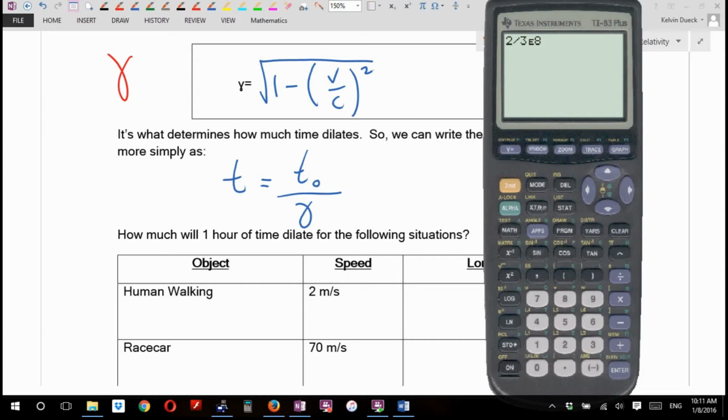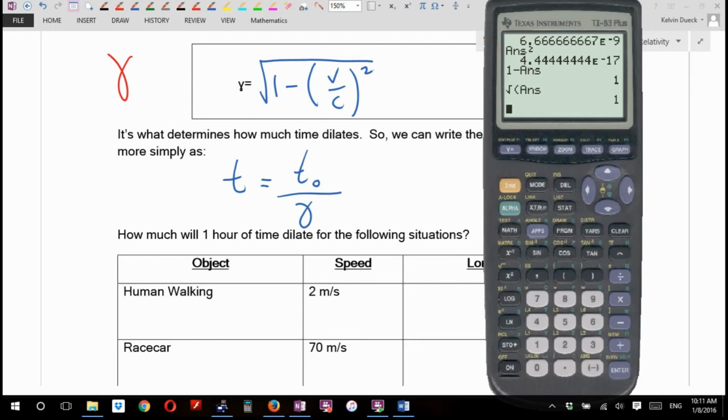You're going to get probably a really small answer in scientific notation. Squared. 1 minus that. Square root.